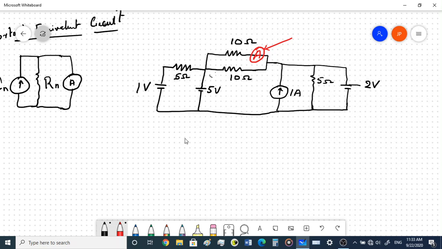This is a simple circuit, so let's do the analysis. Let's say this is our ground, and let's take the potential over here as 0 volts.